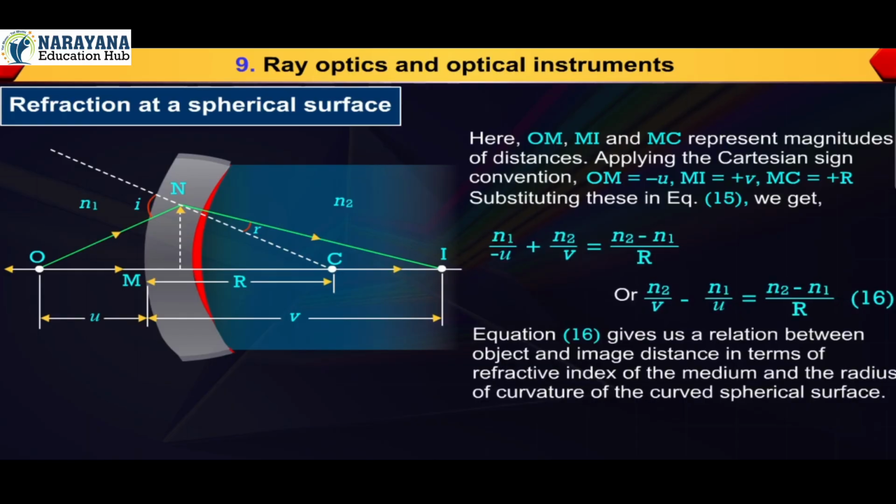Equation 16 gives us a relation between object and image distance in terms of refractive index of the medium and the radius of curvature of the curved spherical surface. It holds for any curved spherical surface.